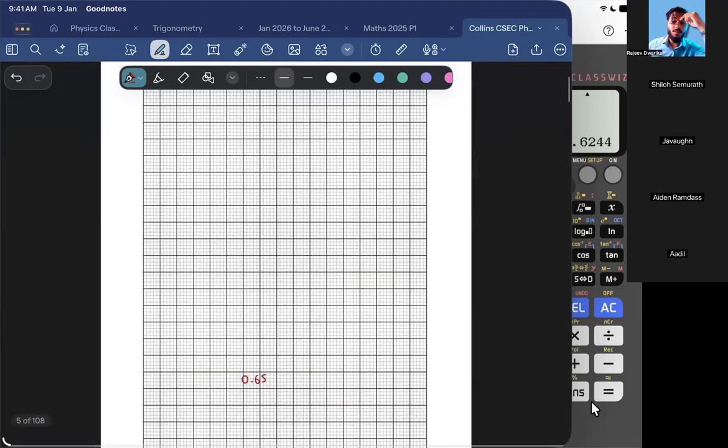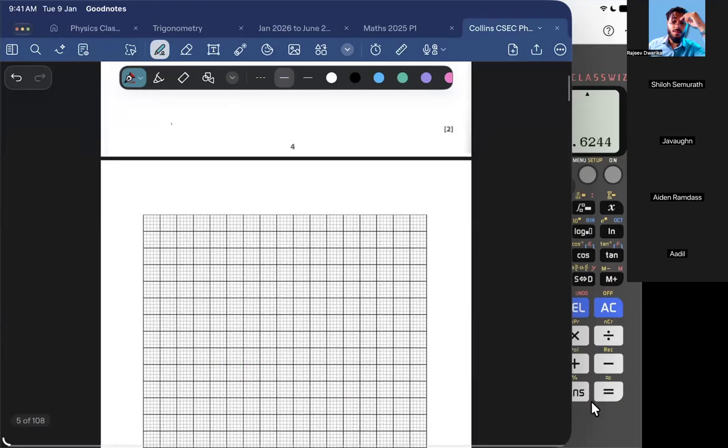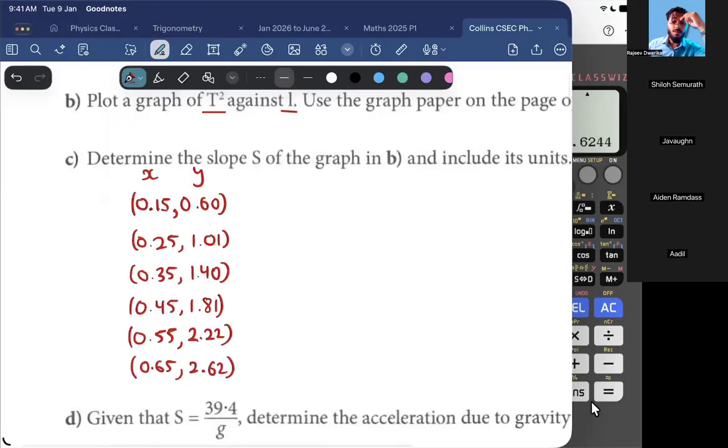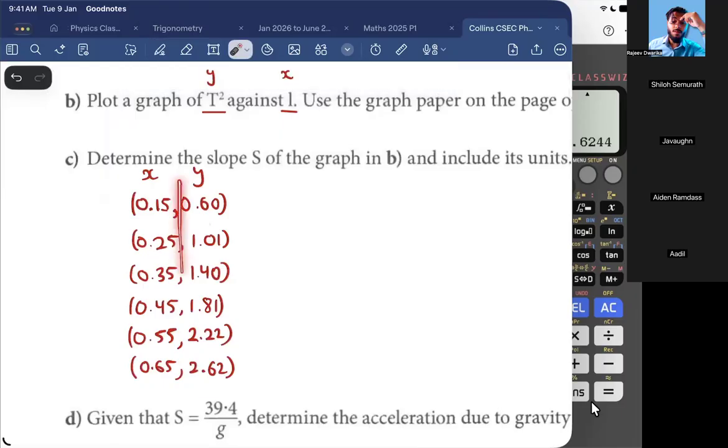Javon, it was you who asked to help me with the y-axis. Alright, so Javon, what did we have to go up to on the y-axis? Sir, 2.62. So that's approximately what? 2.7. Well, if you round it up to the nearest whole number, what do you think that'll be? 3. 3, right?